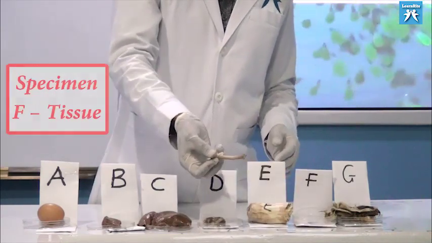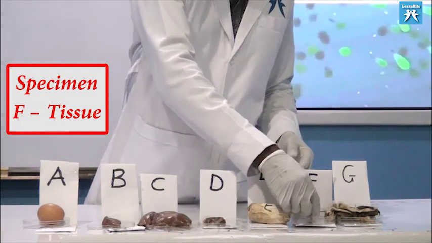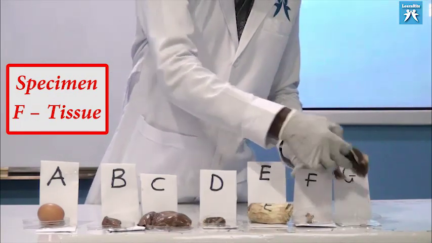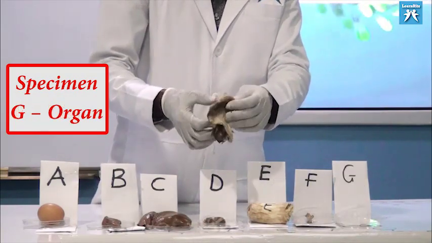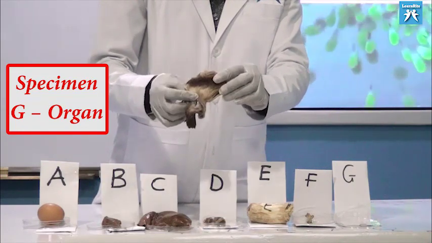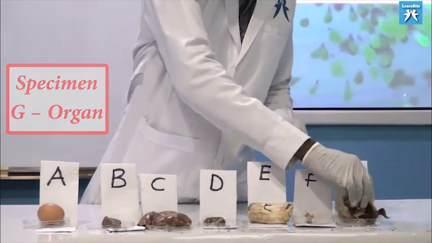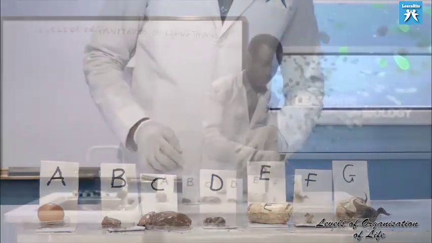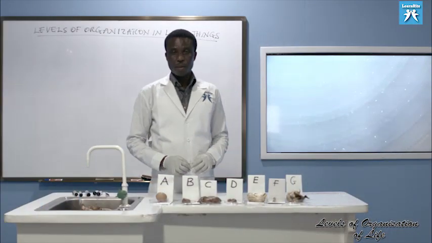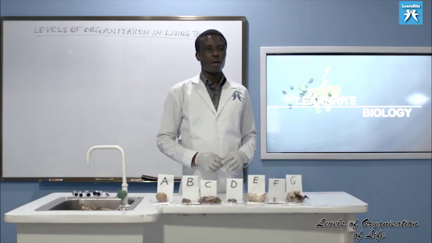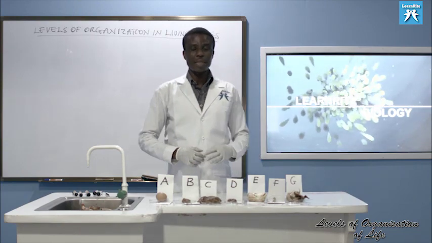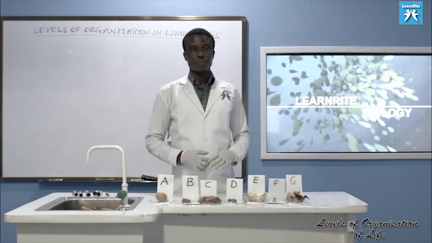The bone is also a tissue, connective tissue. The skin is an organ. Don't forget, the skin is the largest organ in mammals.